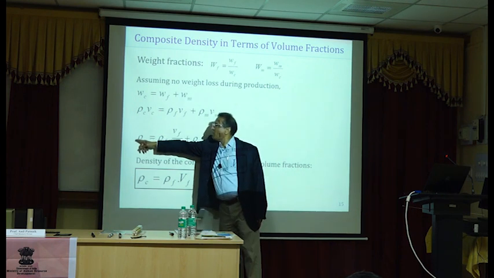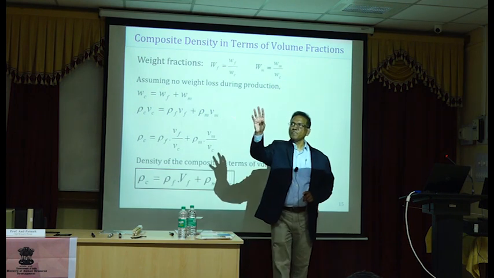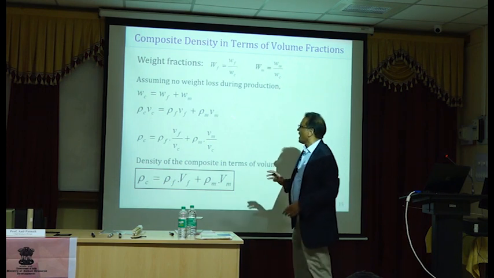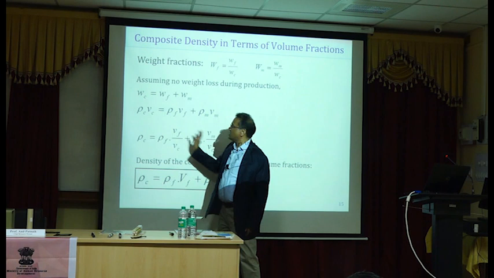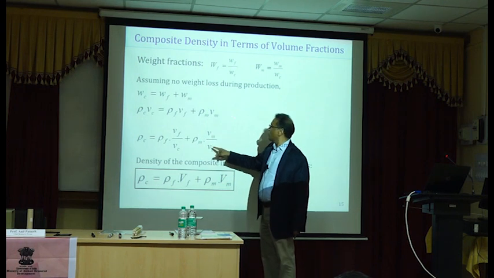Now if I'm interested in finding out the density of a composite with a certain amount of fiber and remaining amount of matrix, I can just rearrange these terms and say rho c equals rho f times vf over vc plus rho m vm over vc.